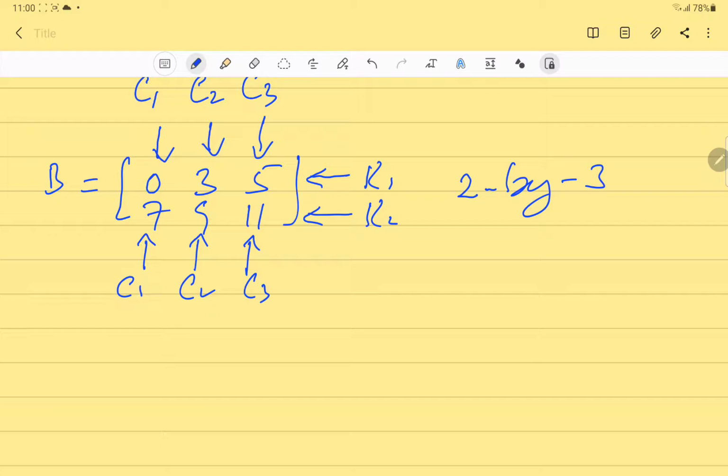And all the entries presented in a horizontal way are called rows. So this is horizontal, this is horizontal. So it has how many rows? R1 first row, R2 second row, so it has 2 rows.